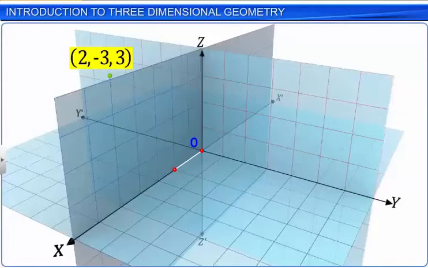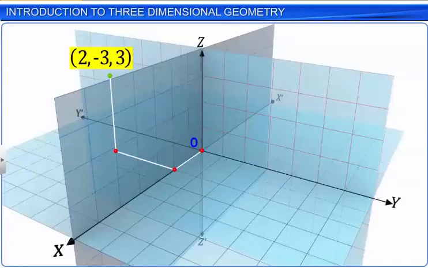So from this point, we measure 3 units on the xy plane in the direction of OY' parallel to the y-axis. We mark a point there. For the z-coordinate, that is 3, we measure 3 units from the point perpendicular to the xy plane. We can notice that the point lies in the 4th octant.